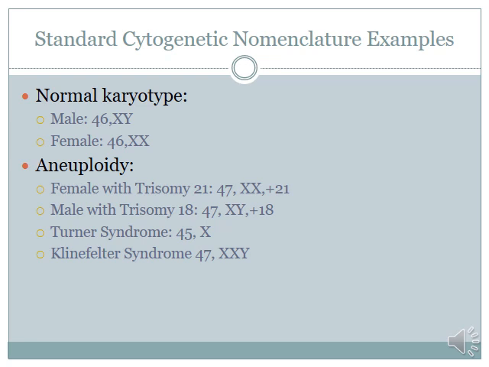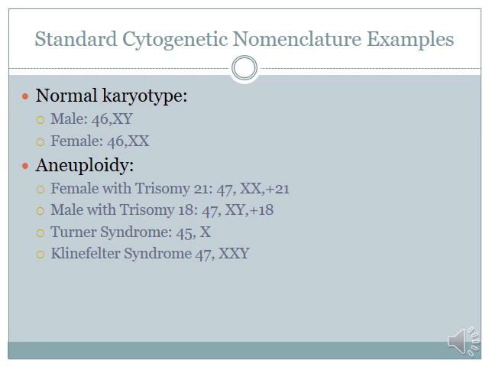For example, a normal karyotype for a male is 46,XY. For a female, it is 46,XX. For aneuploidy, remember that is not having the proper diploid number, either too many or not enough chromosomes. A female with trisomy 21 would be 47,XX,+21.